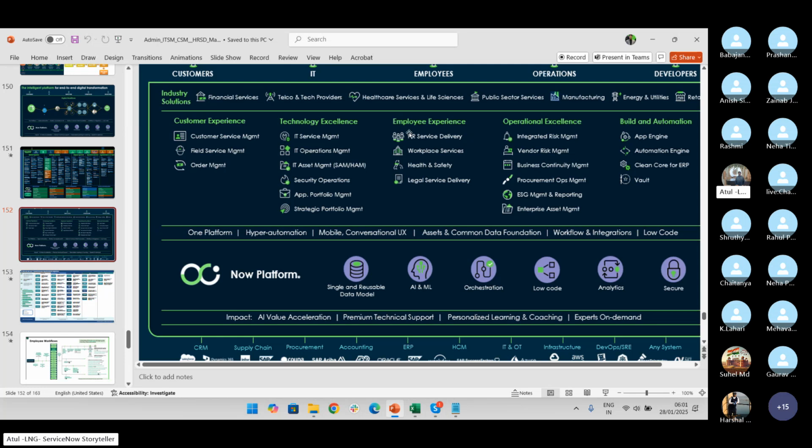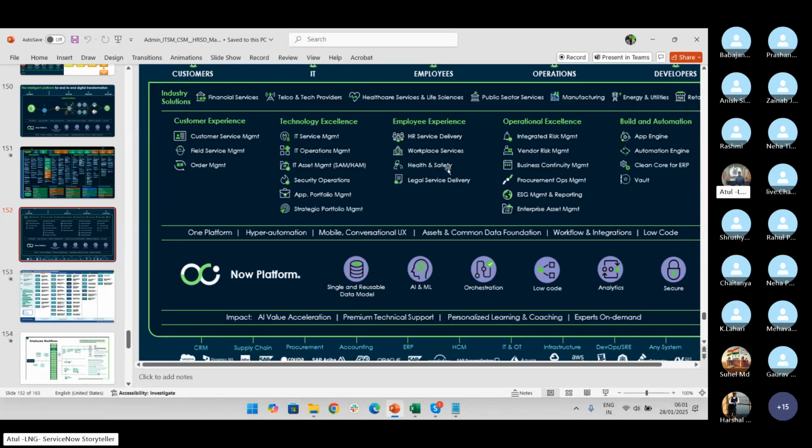In the employee, we are going to just discuss HRSD, not these things. But my employee can use the workplace. I remember when this COVID was getting little over, companies start putting a policy that if you want to come to office, you have to book your place. ServiceNow release a product called the workplace services. घर पे बैठ के ऐप ओपन करो, ऑफिस का ऐप ओपन करो, book your seat.